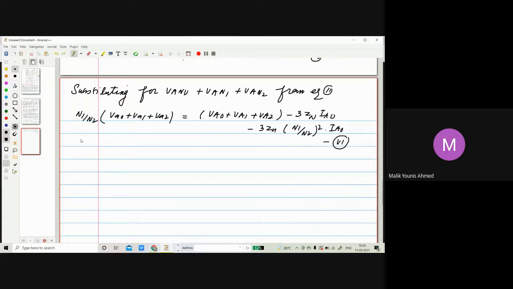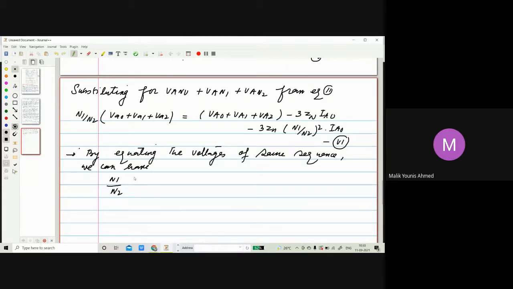So by equating the voltages of the same sequence, we can write now. n1 divided by n2 into VA1, first positive sequence, VA1 will be equal to, you can very clearly see there is only VA1.